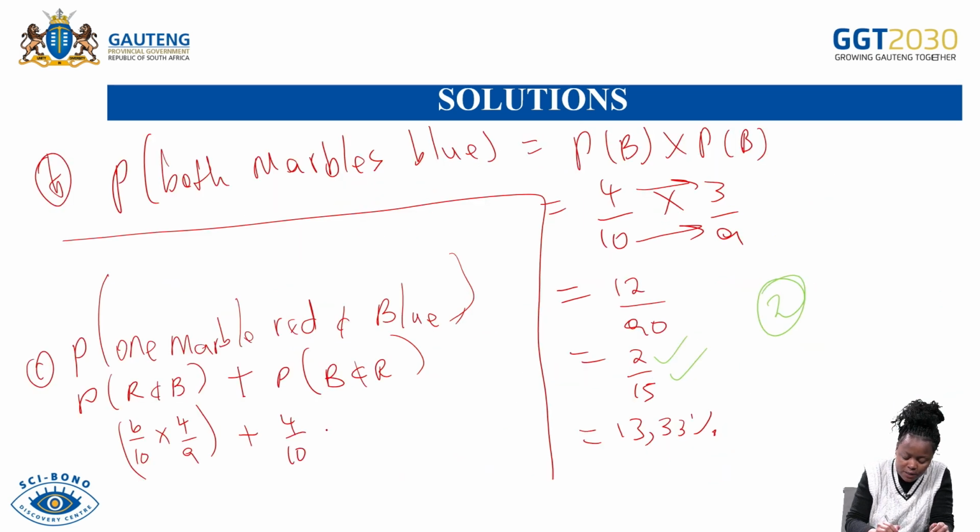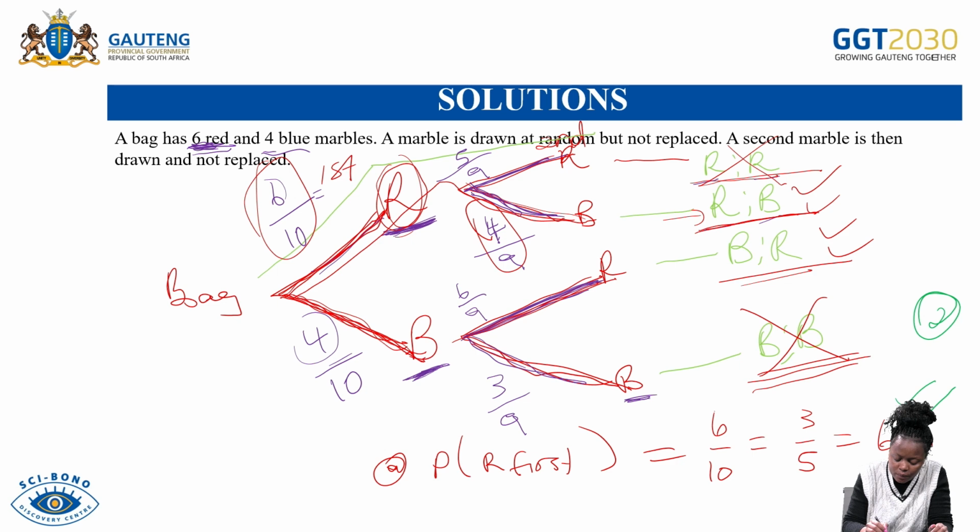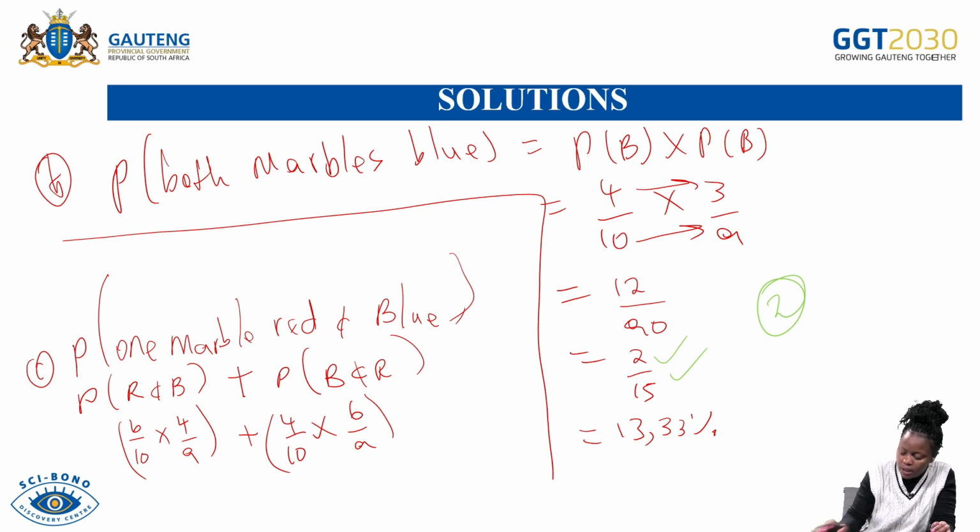It's 4 over 10 times the 6 all over 9. Let me just double check. Yeah, it's 6 over 10 and 4 over 9, then there it's 4 over 10 and 6 over 9. Okay, so when you're multiplying everything, you'll say 6 all over 10 times 4 all over 9. It is 4 over 15.